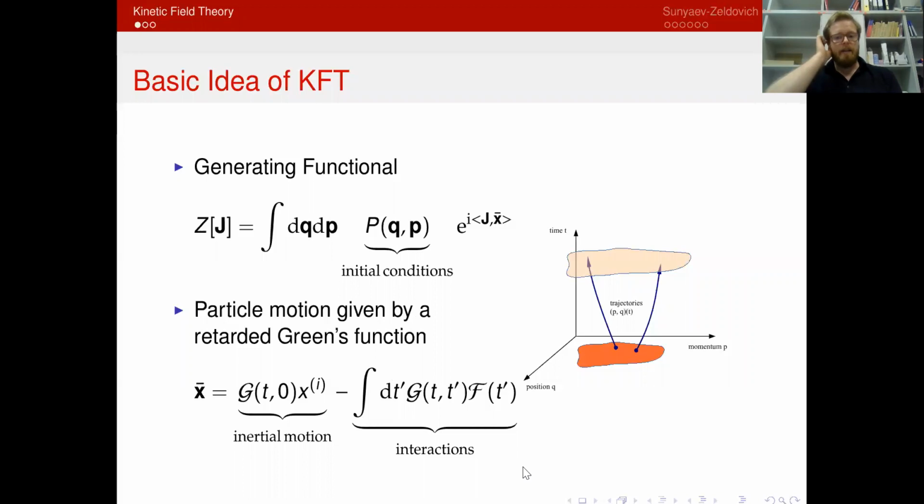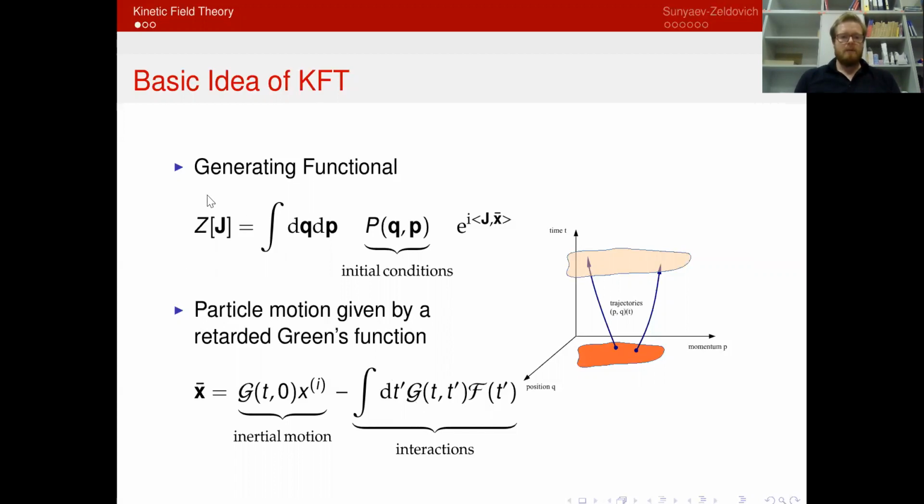Writing it in this way allows us to include interactions either perturbatively with a Taylor expansion or calculate a mean field interaction term that weights the interaction between particles with their correlation function.